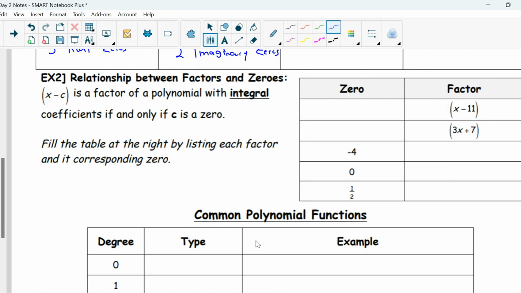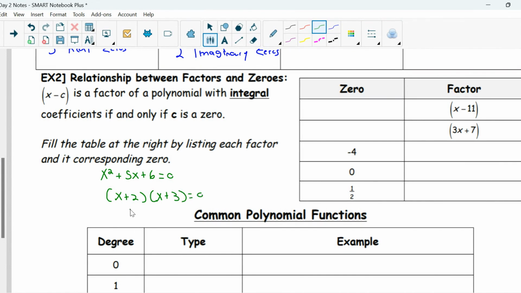Okay, so remember, your factors are, so let's take a polynomial for example. If I give you guys x squared plus 5x plus 6 equals 0, you guys are able to factor this. You guys would factor this as x plus 2 times x plus 3 all equals 0.